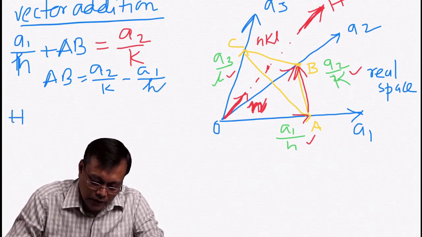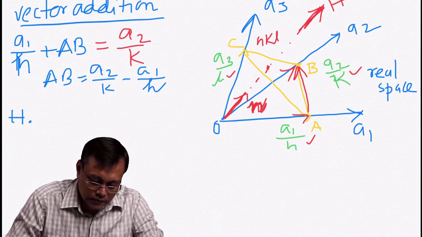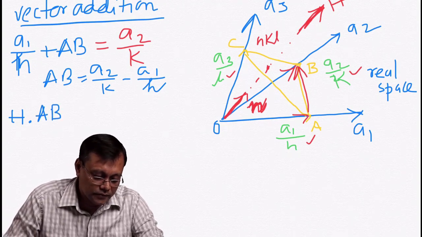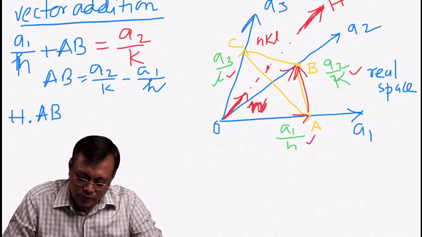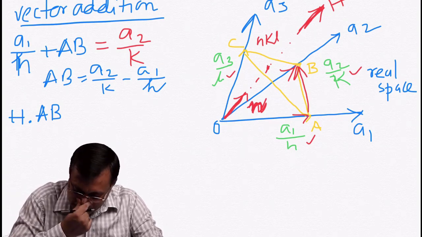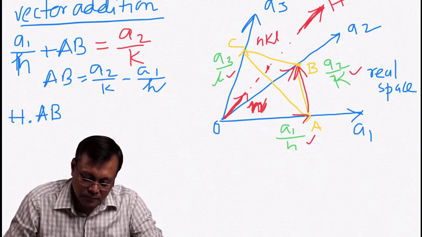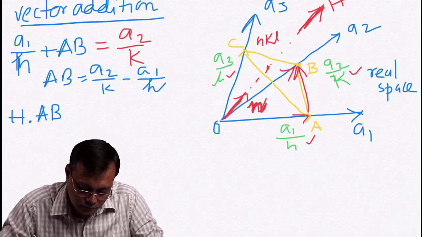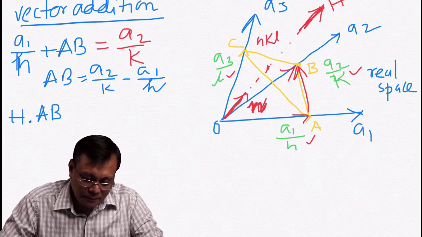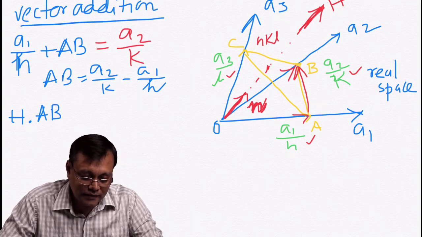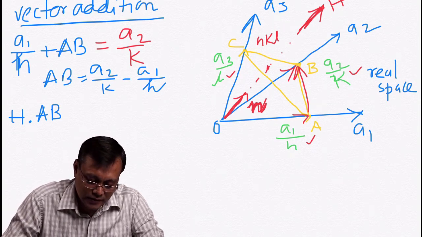So if I now make a scalar product of H with AB, please remember the AB vector is lying on the plane ABC, that is the HKL plane. I am multiplying with H. H is perpendicular to the ABC plane. So the result is known to us.